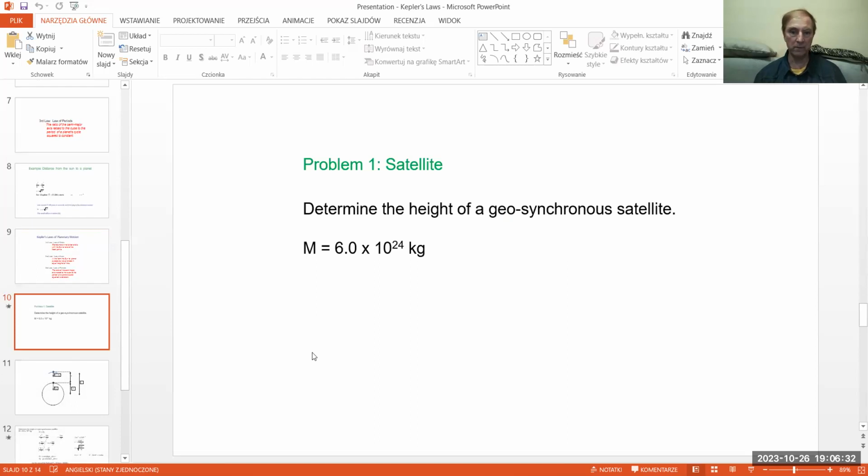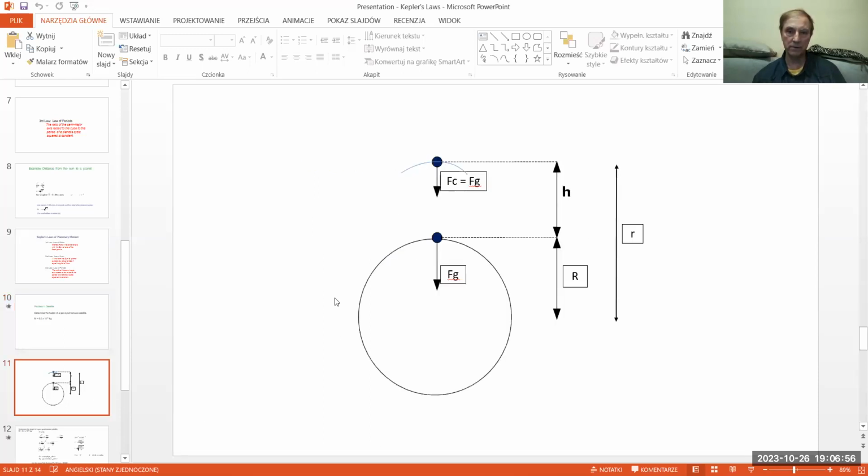And now one more problem. Determine the height of a geosynchronous satellite, given that the mass of the Earth is 6 times 10 to the 24 kilograms. The situation looks like this.